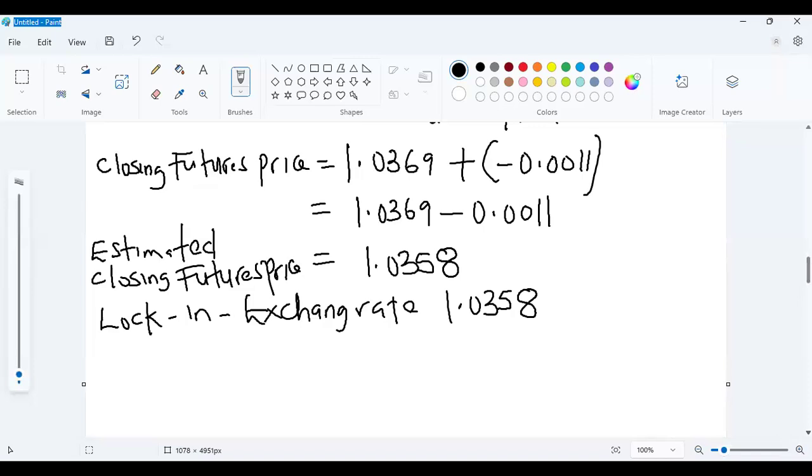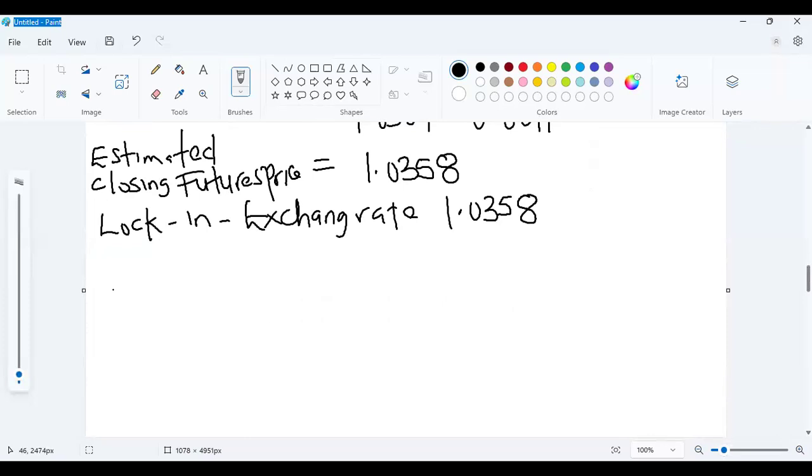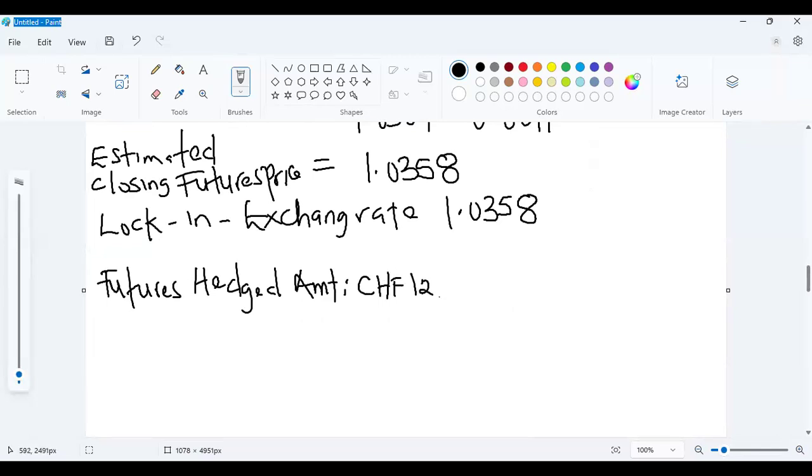Remember that under currency futures, we only hedge CHF 12,250,000.